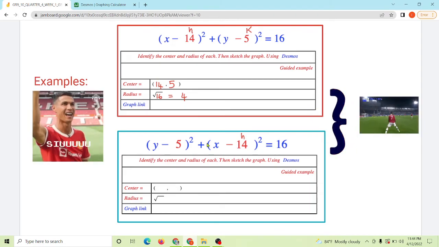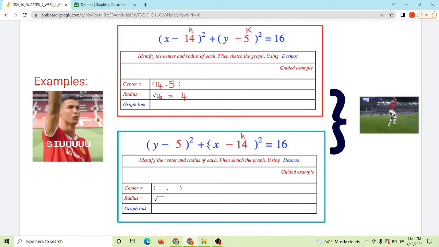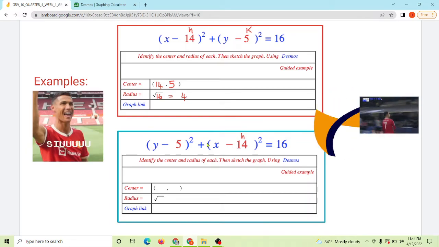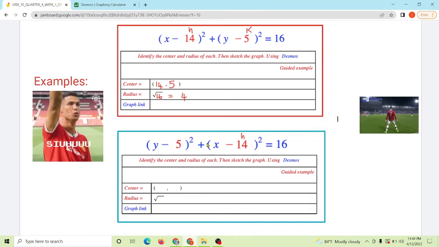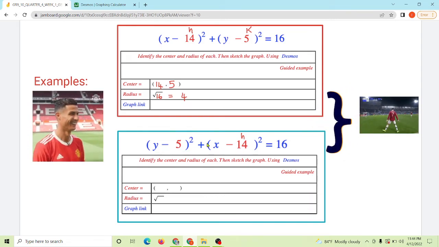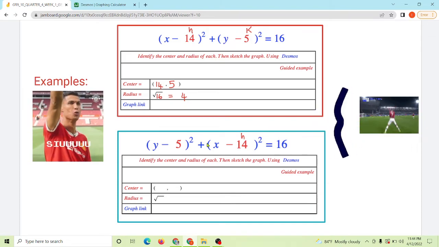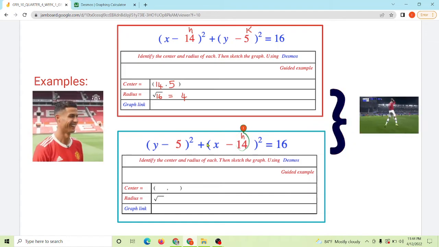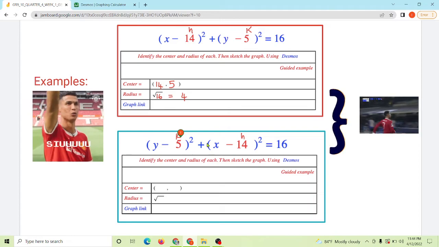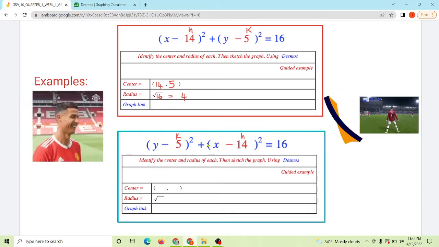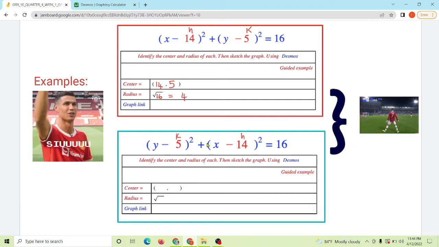Now, you might see it in reverse, where the y is written first and then the x, but everything else stays the same. All right, so don't get confused. So remember, like I mentioned, the h goes with the x. So this is my h and my k will be 5, right? So exact same example.